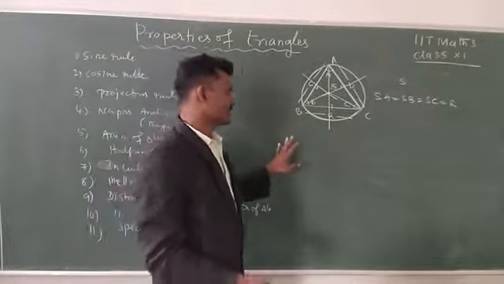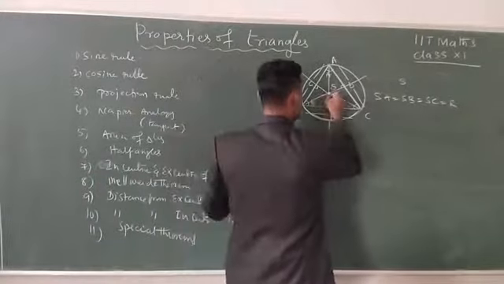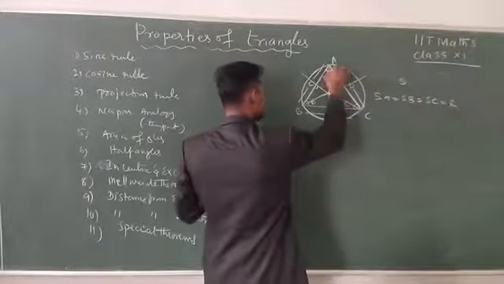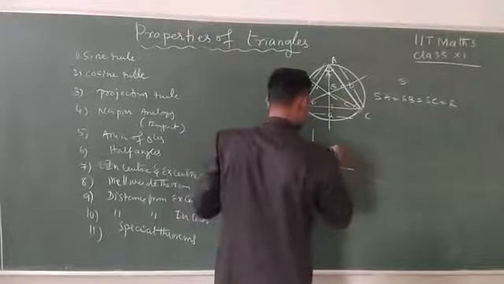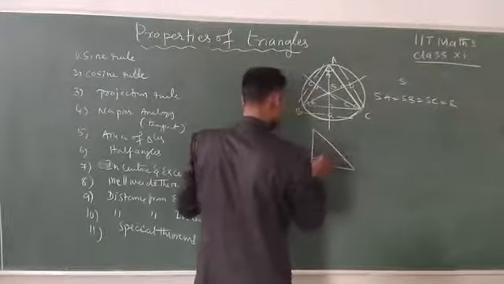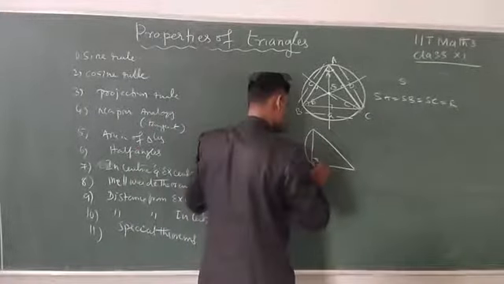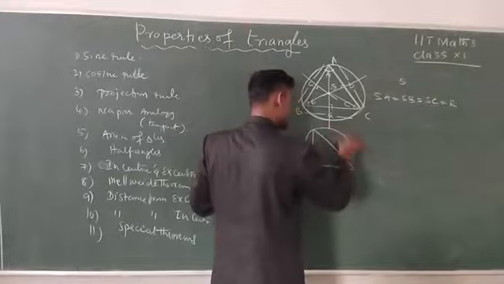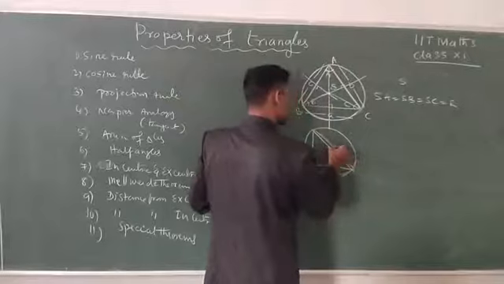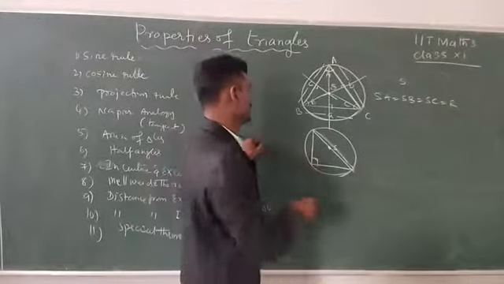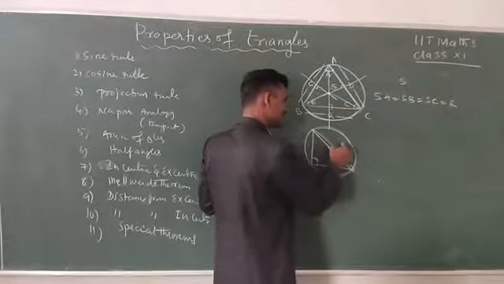Understand? Okay, now we have to discuss. I think you understand this one. Suppose this triangle is an acute triangle, that's why the center is inside. Suppose this triangle is a right angle triangle, then the circumcenter lies on the midpoint of the hypotenuse of this triangle.